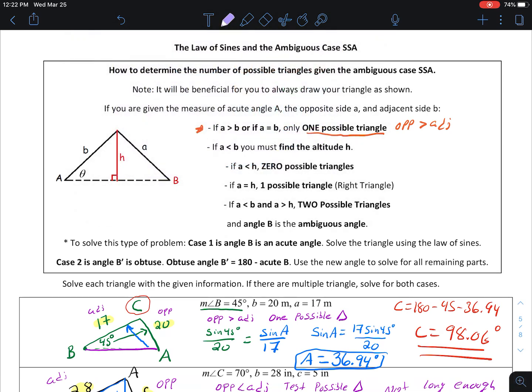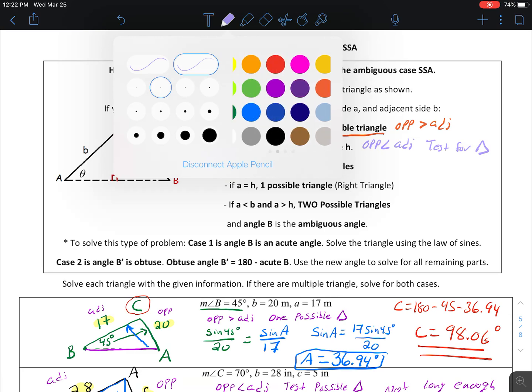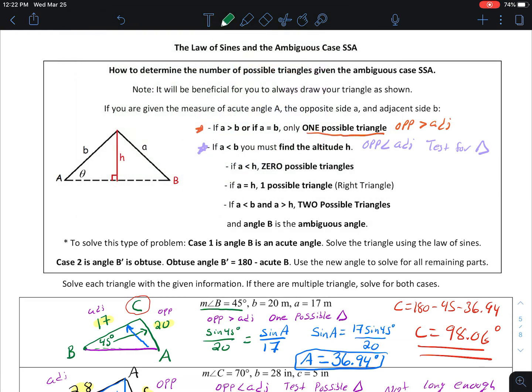Now, if the opposite side is smaller than the adjacent, we have to test for triangles. And so we have 3 things that could happen at that point.